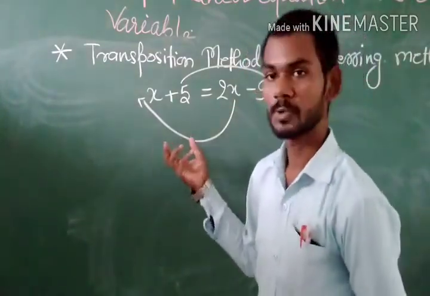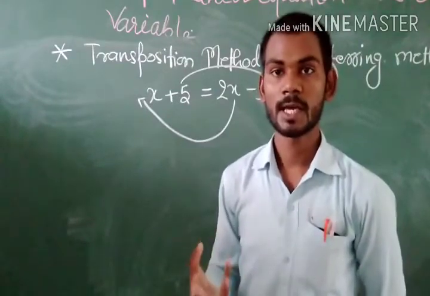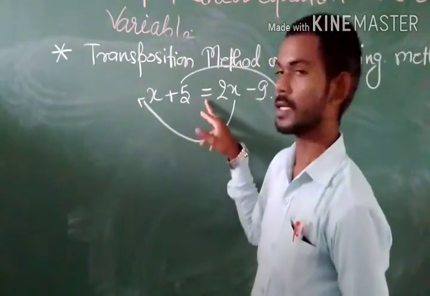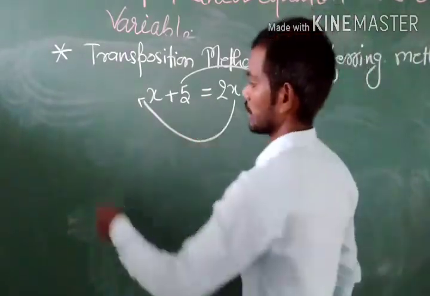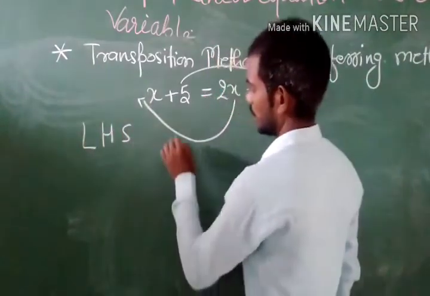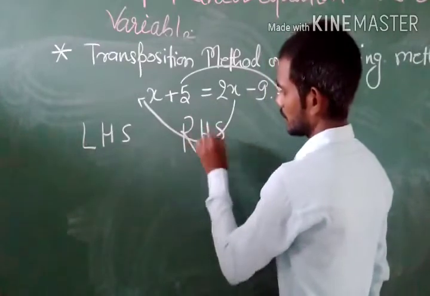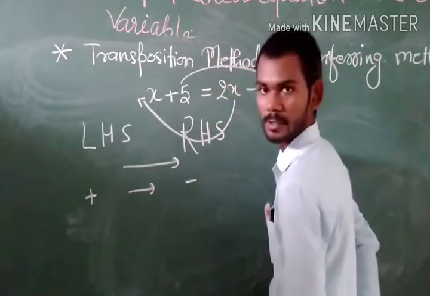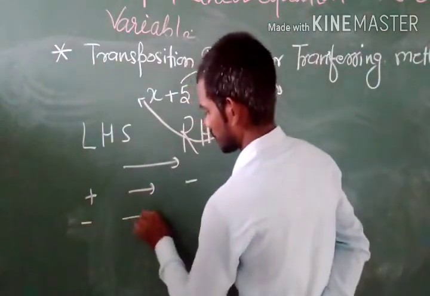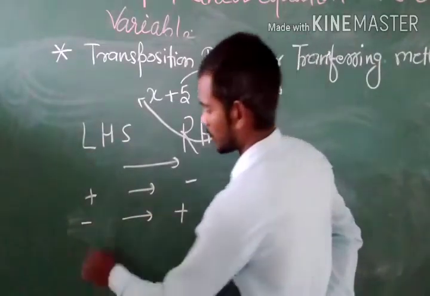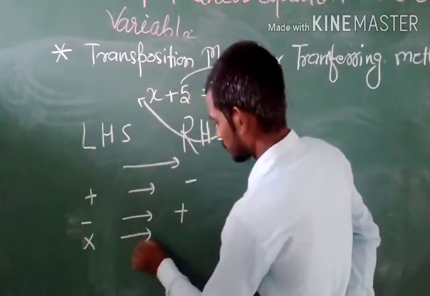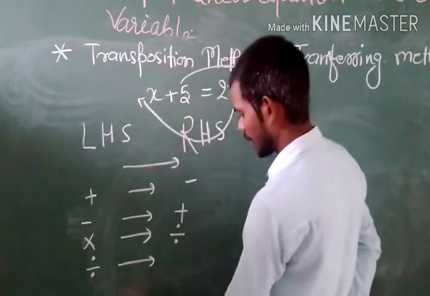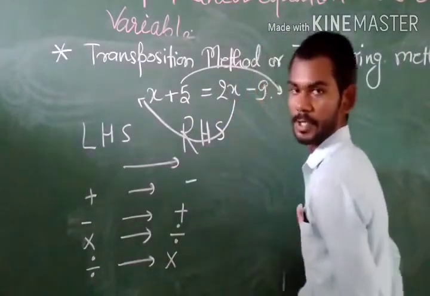In transposition, the sign of the quantity changes when it crosses the equal sign. That is, going from the left hand side to the right hand side, addition becomes subtraction, subtraction becomes addition, multiplication becomes division, and division becomes multiplication.